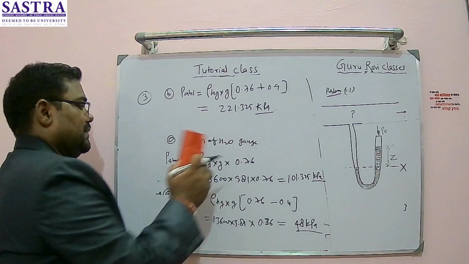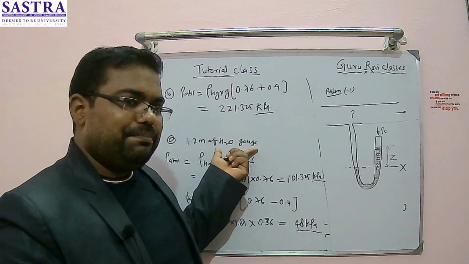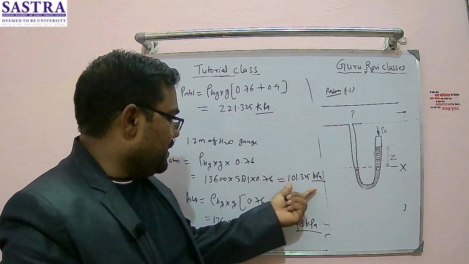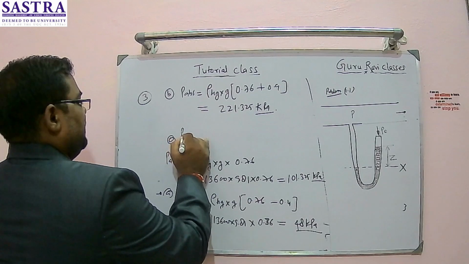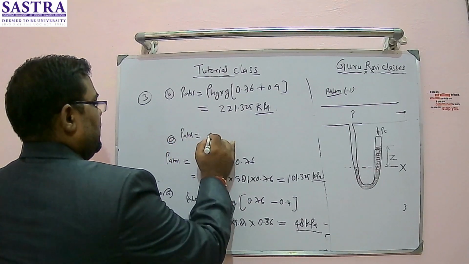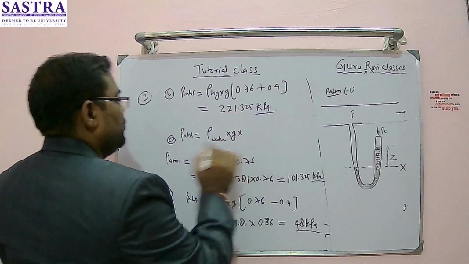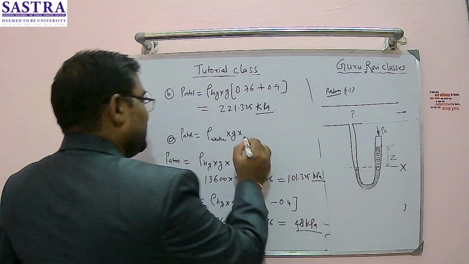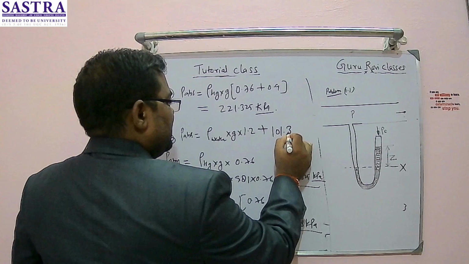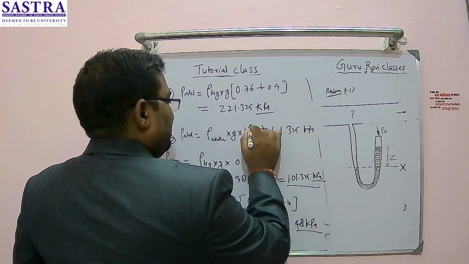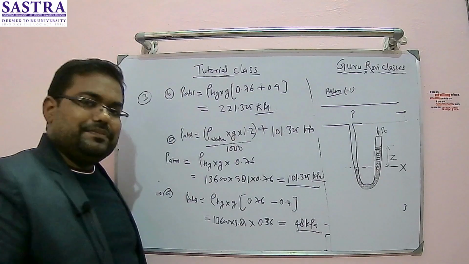Now go for this 1.2 meter of H2O gauge. So you can calculate this in Pascal. Atmospheric pressure you already calculated in Pascal. You can add that. So in part C, I can say P absolute is equal to rho of water, that is 1000, into g into Z, 1.2 meter. That's clearly given. So 1.2 plus this value that you already calculated, 101.325 kilopascal. Keep in mind when you are writing this, divide this also by 1000, so this will also become kilopascal.